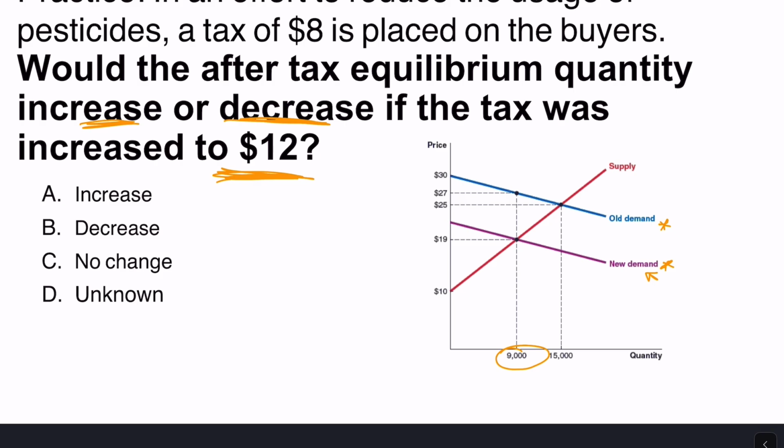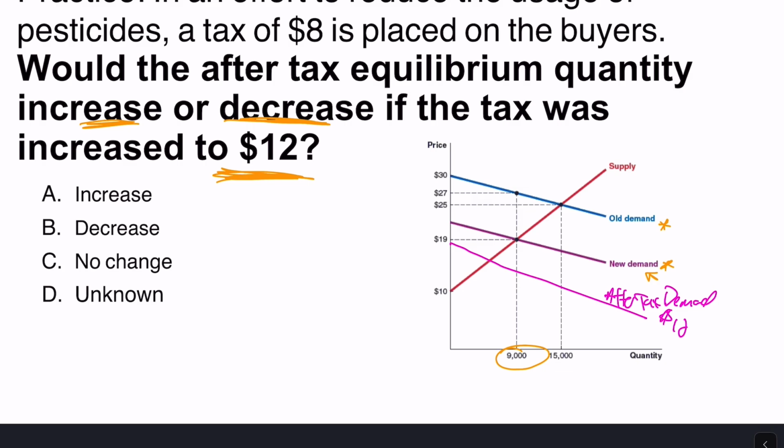Great. So this vertical distance down from the old demand curve is $8. If we want a bigger tax, we need a bigger vertical shift down, so something going through, say, right about there. If we draw in a new after-tax demand, it looks something like that. After-tax demand, let's mark it for $12, right?